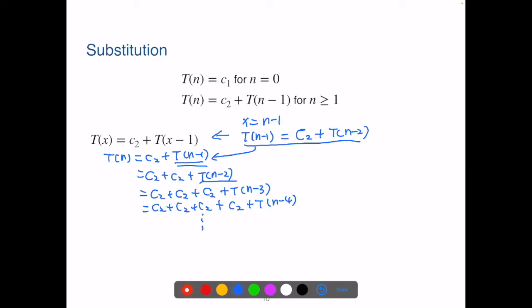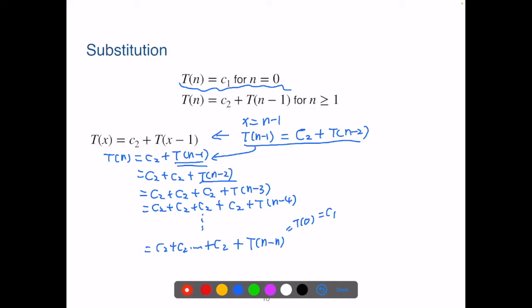We keep writing this until in the end we get a bunch of C2s, and we get to Tn minus n. That would be T0, and we know that T0 is C1. That's the base case. So finally, we can get rid of all the T's in the expression for Tn.